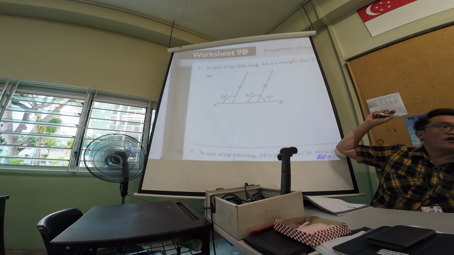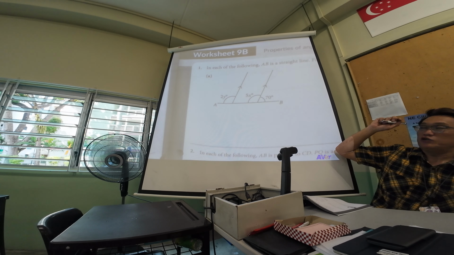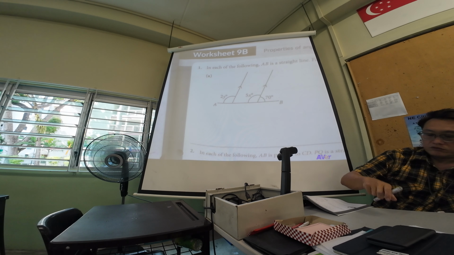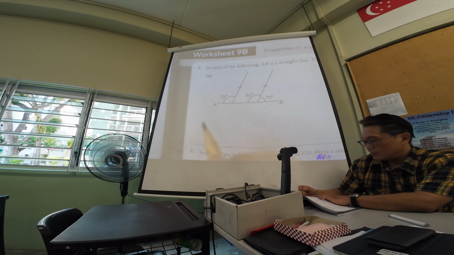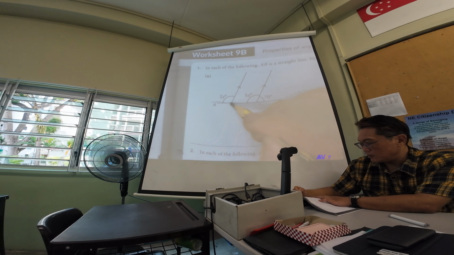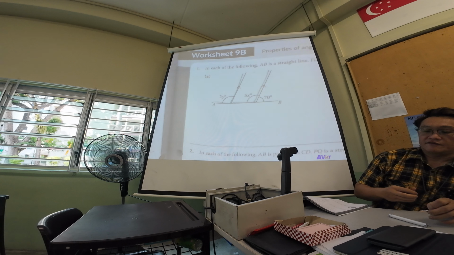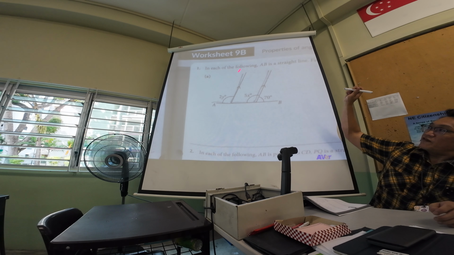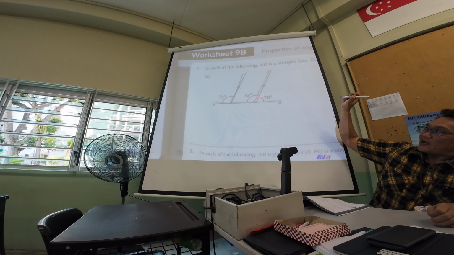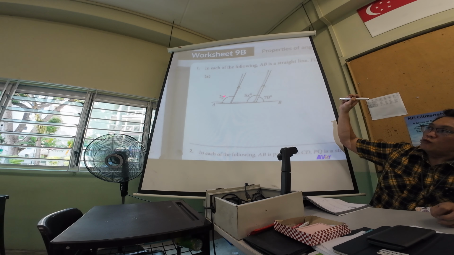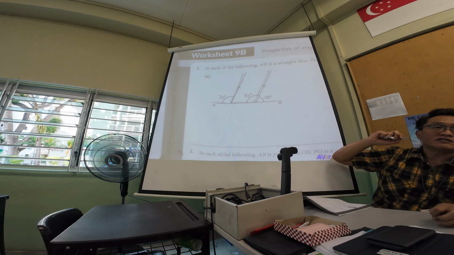So I can start to look for my F, my Z, my U, all this. So I can see from here, like that, there is an F. Here, here, here. Like that, there is an F. You can see? F. That is to say, 5x is the same as 2y because of corresponding angles on parallel lines.